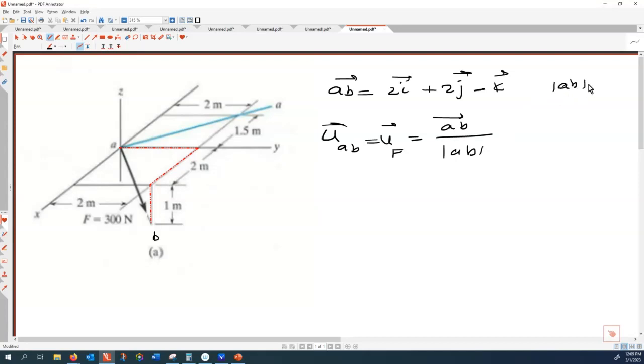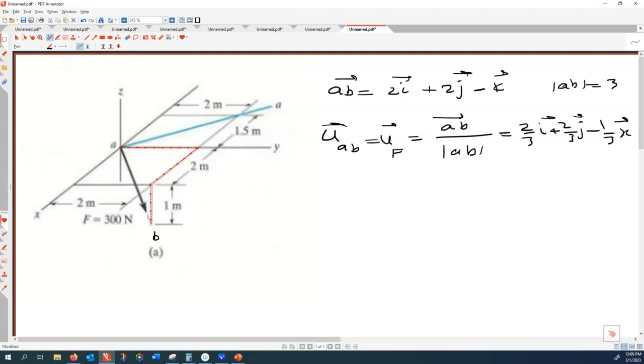Magnitude of AB, 3. So that is 2/3 i, 2/3 j, minus 1/3 k. Who is with me? Yes, you follow this one? Okay.